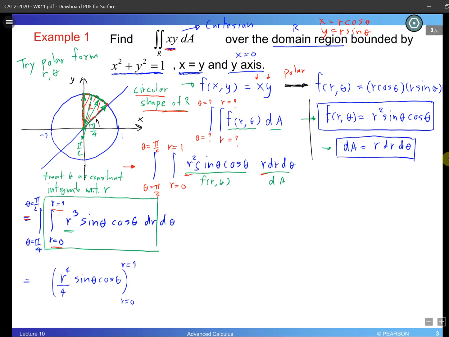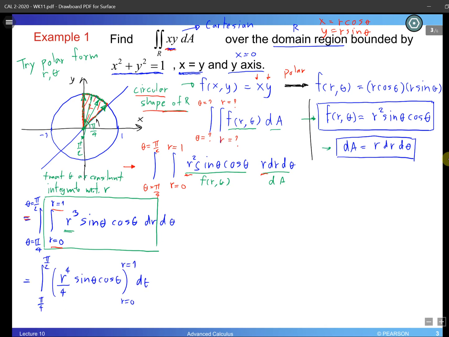And this is d theta. You need to integrate again with respect to theta, from pi over 4 to pi over 2. I guess from now on I can just put pi over 4, you should already know that this is theta.